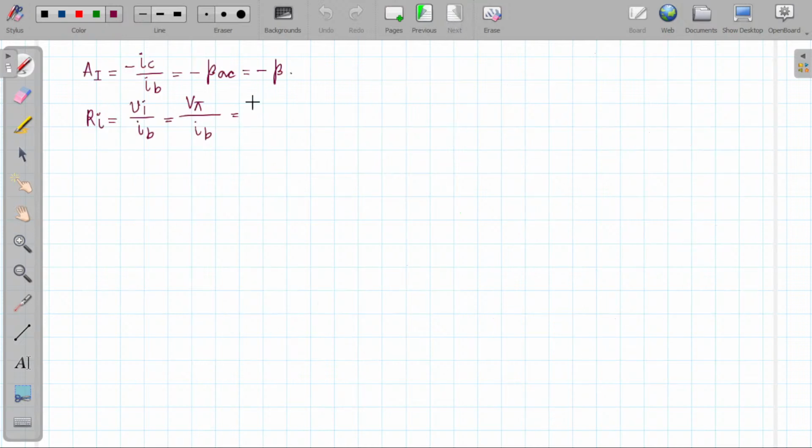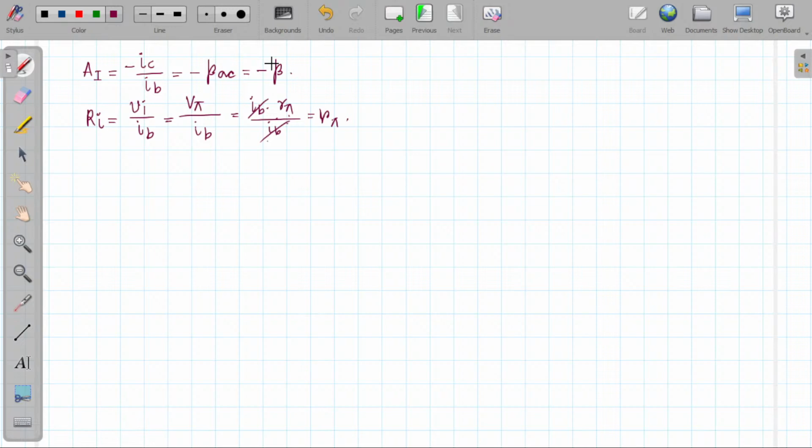So if you put the value of IB into R pi, R pi will cancel out. In the denominator there was IB, I have mistaken it. So IB cancels out, and you will get R pi. So that's why we have denoted R pi as the input resistance. And you can see here that actually this is an input resistance.